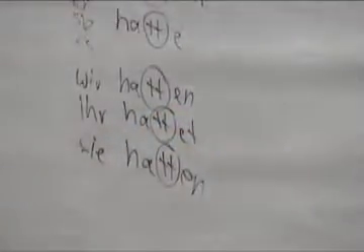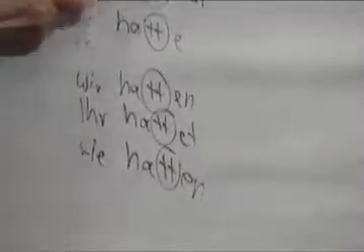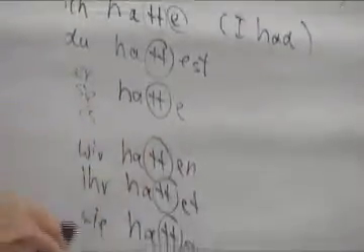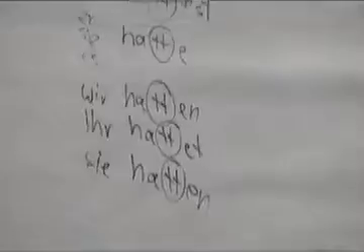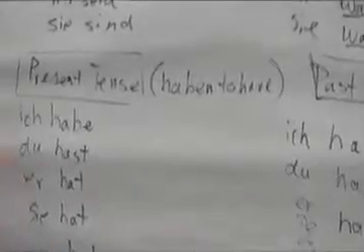So, in the past tense, the b is replaced by a double T. Ich, er, sie, es get E endings, and the rest of the verbs get the same endings as you learned already. So, it's an easy conjugation. And how do we translate it? Ich hatte, I had.